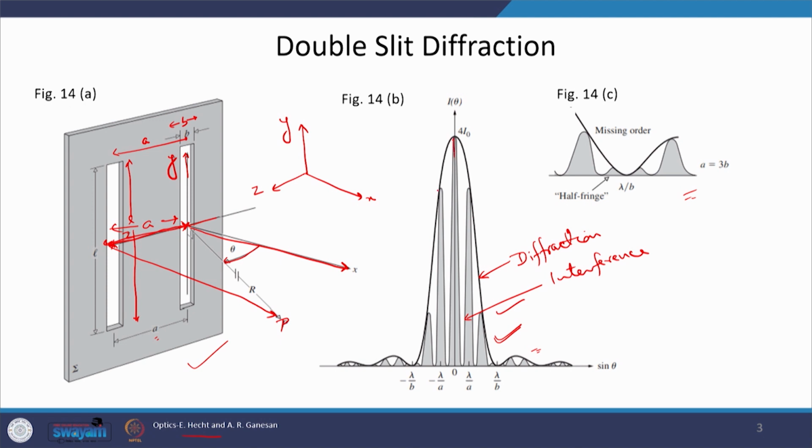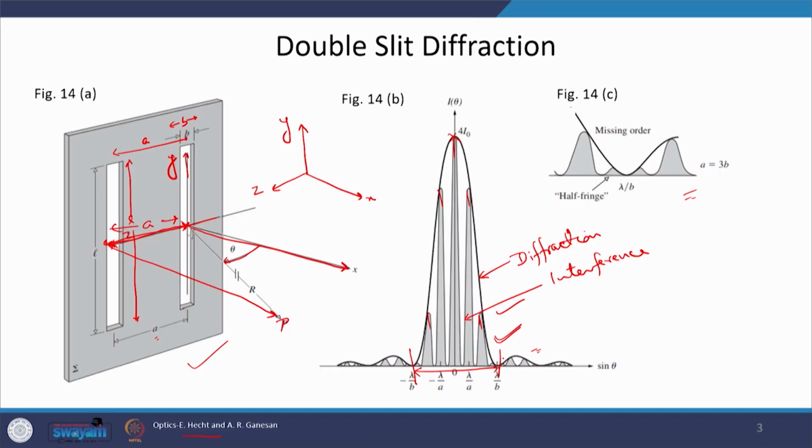You get several interference maxima, but only one diffraction maximum within a certain angle range. Interference fringes are sharper and thinner, while diffraction fringes are broader. Therefore, diffraction varies very slowly, while interference varies very rapidly in terms of theta.